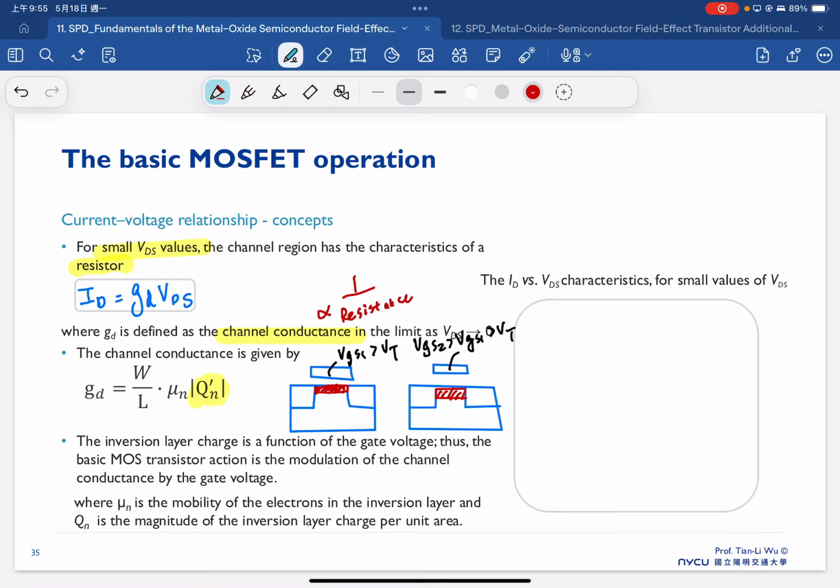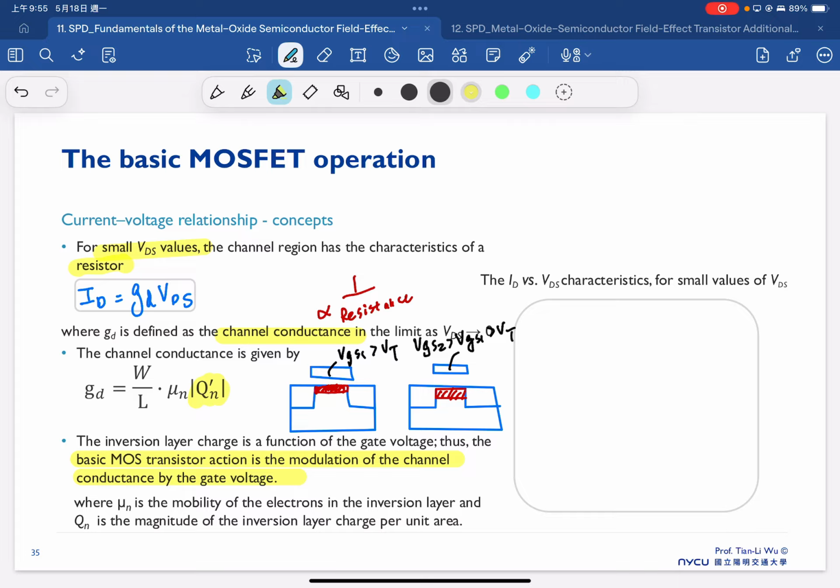So the inversion layer charge is a function of gate voltage. Therefore, the basic MOS transistor action is a modulation of the channel conductance by the gate voltage.